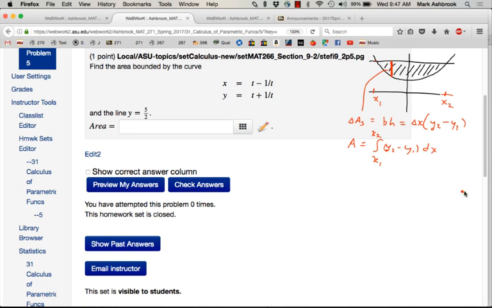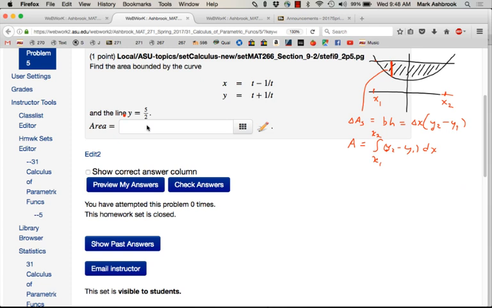Okay, so that's what we're going to do. So we do the same way we did before, but now we need to take our parametric function and rewrite this, change the variables, right? So rather than being in the variable x, we need to change it to the variable t. But it's going to have this structure. It's going to have the same structure for the problems that we did before.